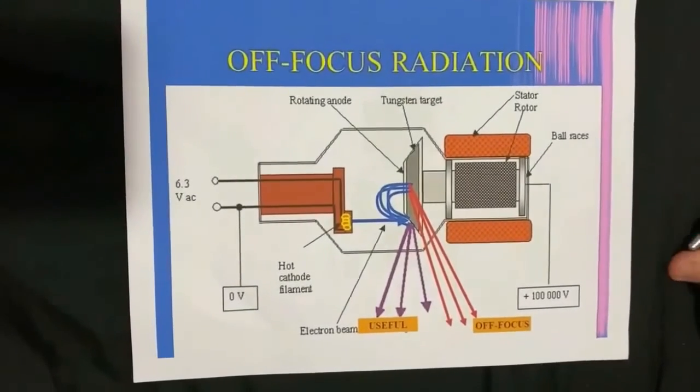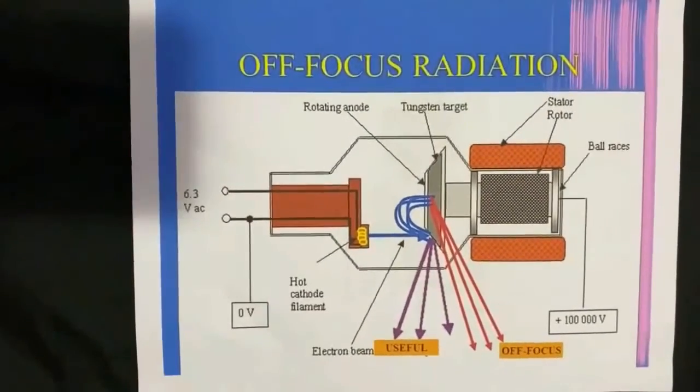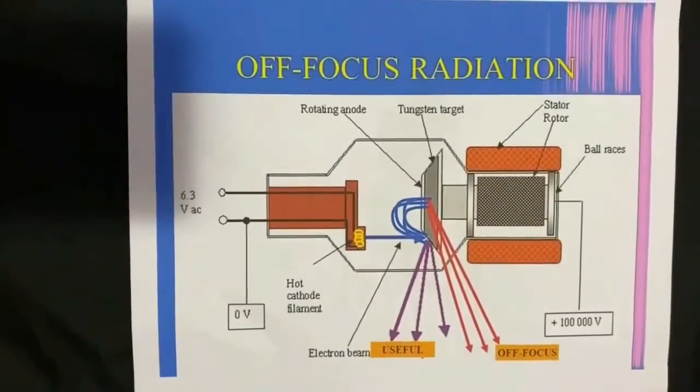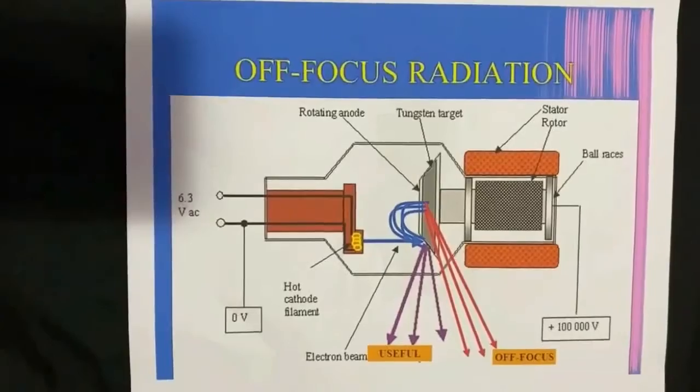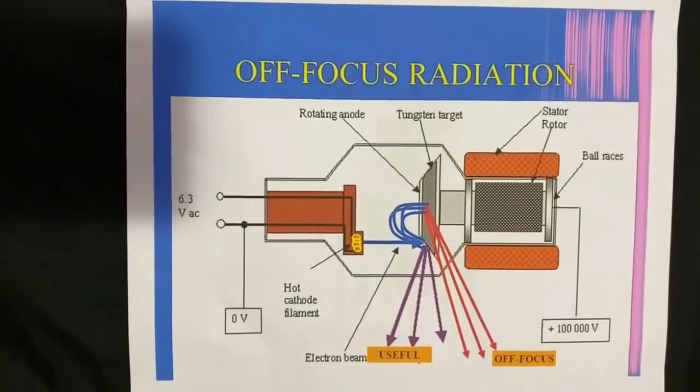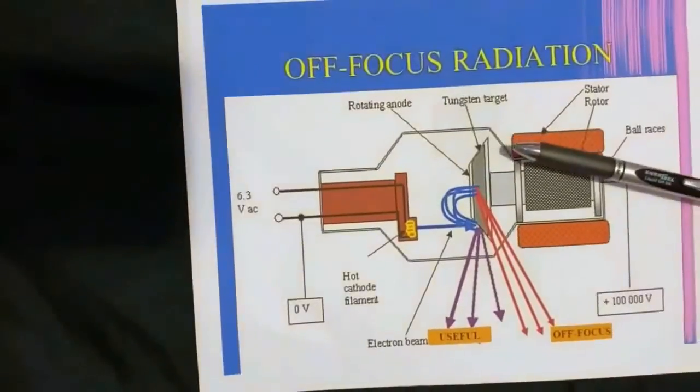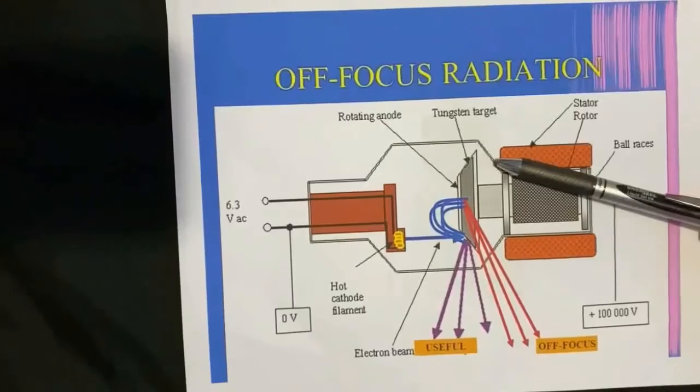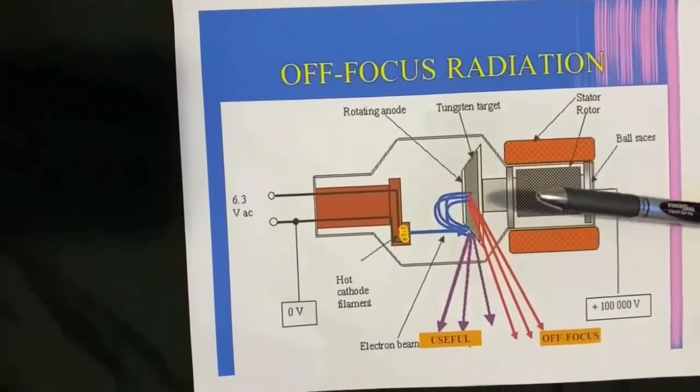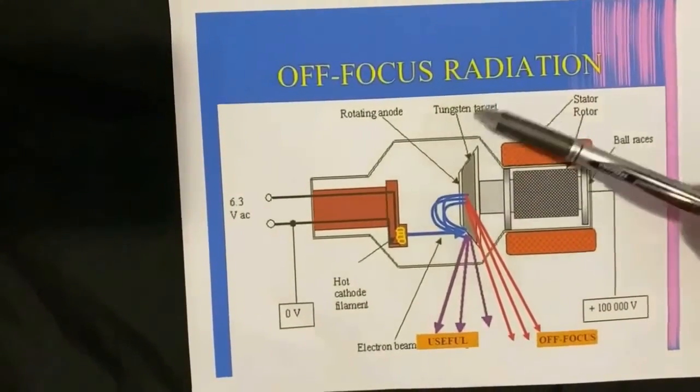Now I'll be talking about off-focus radiation. Off-focus radiation occurs when the photons are not produced at the actual focal spot or the effective focal spot. This interaction occurs when the electron that originated from the filament interacts with the element tungsten.